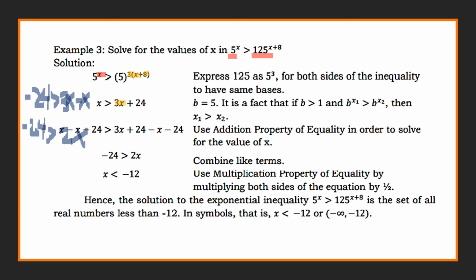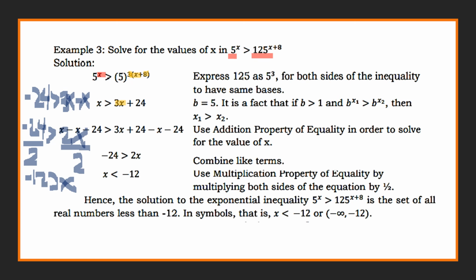Okay? Then, this is negative and this is positive. So, divide both sides by 2. So, magiging negative 12 is greater than x. Okay, since yung x natin is sa right side, kapag inilipat natin, change yung kanyang symbol.